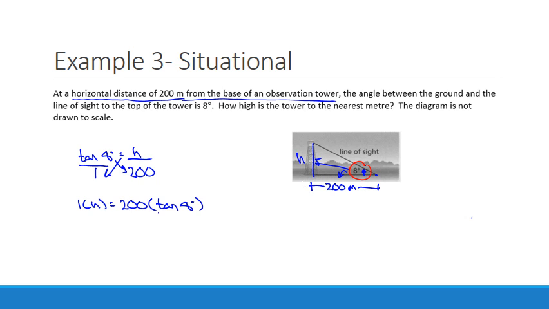In multiplication, the order doesn't matter there. Just multiply them together. Like 3 times 2 equals 6 and 2 times 3 equals 6. So we'll get the same answer. Anyway, h equals 28.11 meters. And it says over here the nearest meter. So that would be about 28 meters.